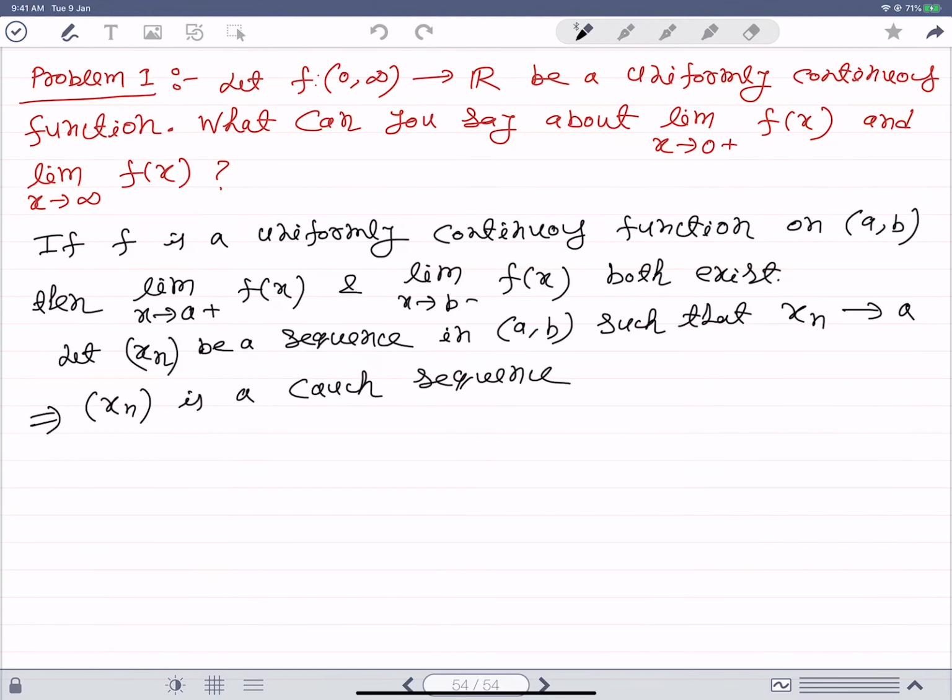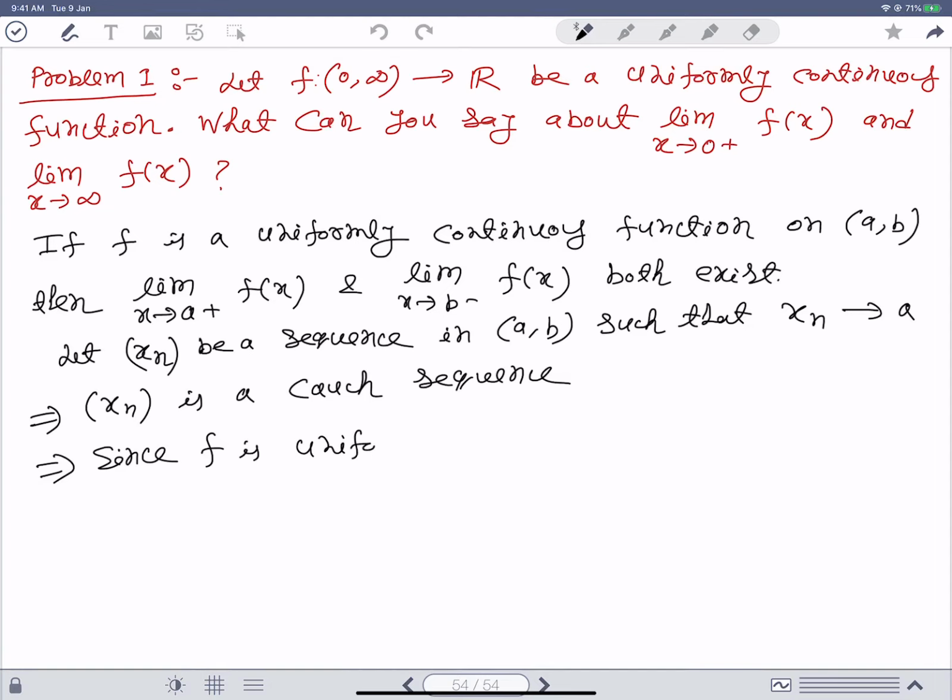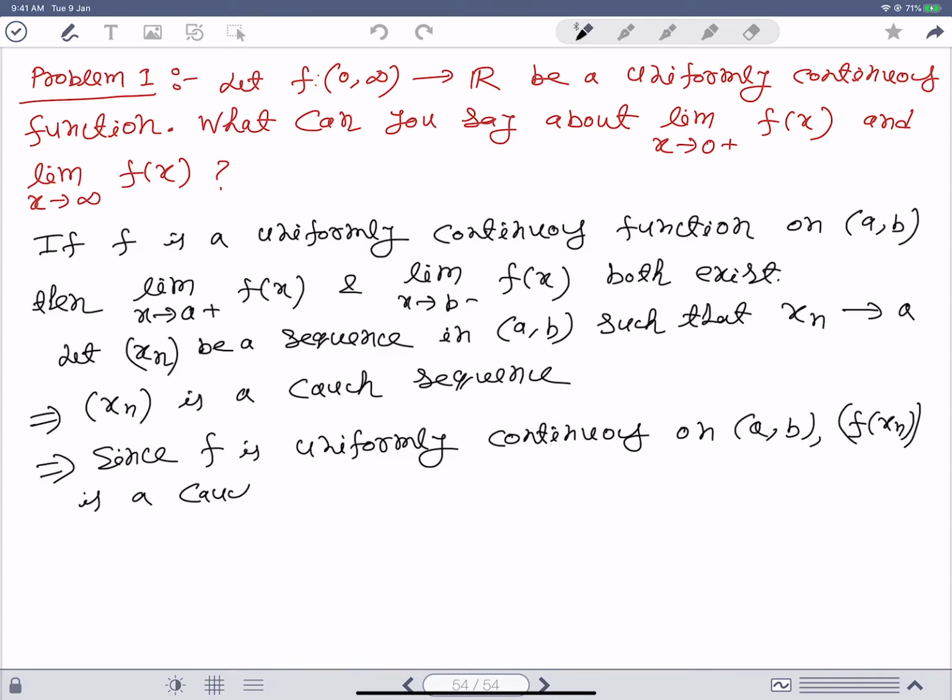Okay? Now that implies, since f is uniformly continuous on the interval (a, b), therefore f(xn) is a Cauchy sequence in R, right?